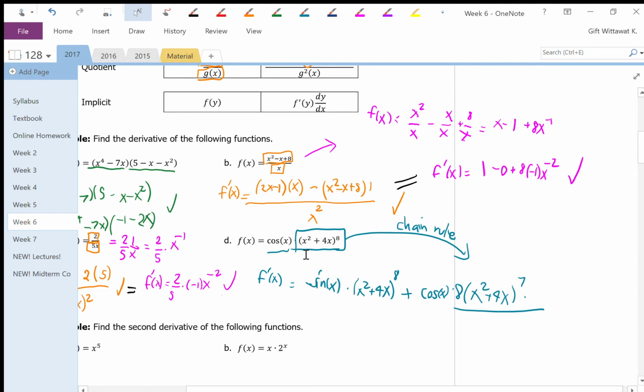But because I'm using the chain rule here, I'm going to have to multiply this with the derivative of the inside function, which is 2x plus 4. So that's the derivative of this.